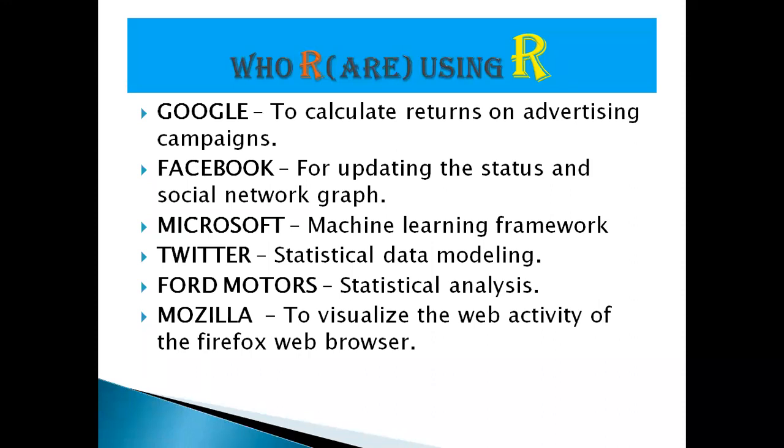Microsoft is using R for its machine learning framework. Twitter is using it for its statistical data modeling, Ford Motors is using R for their statistical analysis, and Mozilla to visualize the web activity of the Firefox web browser.